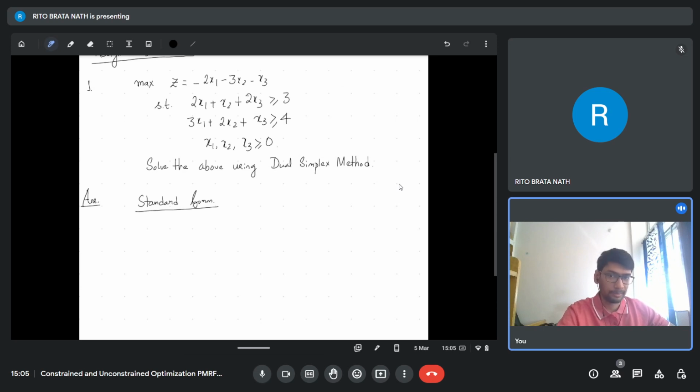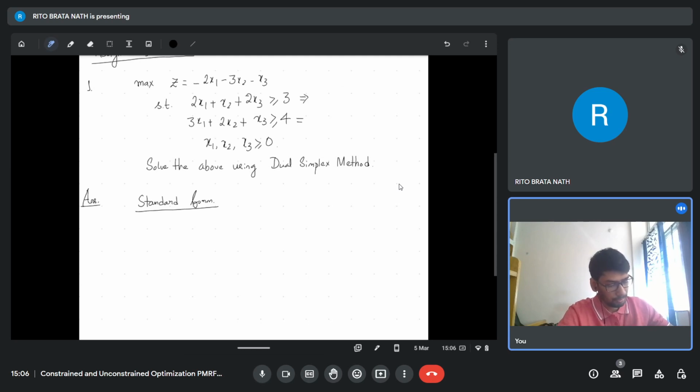And as you already know, in the dual simplex method, we don't care about the feasibility conditions to begin with, and we just ensure the optimality criteria are satisfied. So in the first equation you can add, say, x4, and in the next one you can add x5, or you might subtract. But let's see what you can do to solve this.